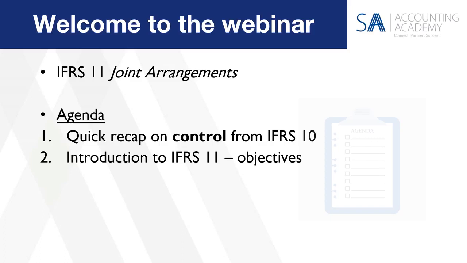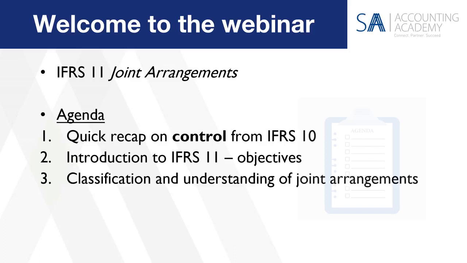Then we'll be looking at what the objectives are of IFRS 11. What is it that we want to achieve by studying this particular reporting standard? Then understanding the classification of joint arrangements and how that actually helps us to understand the accounting thereof.